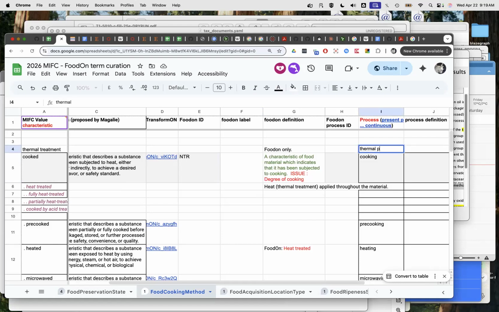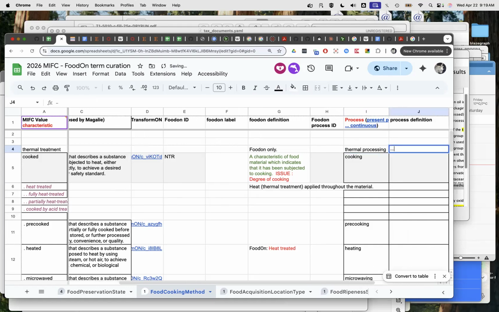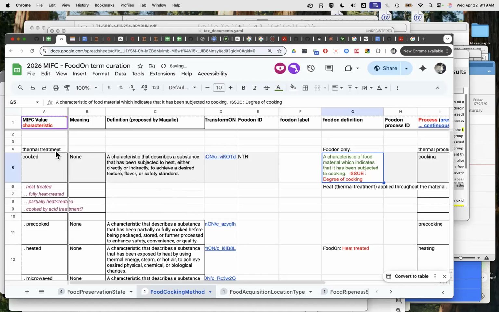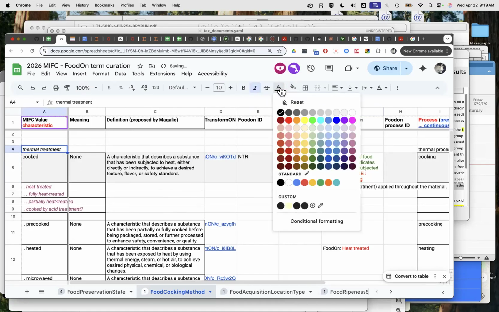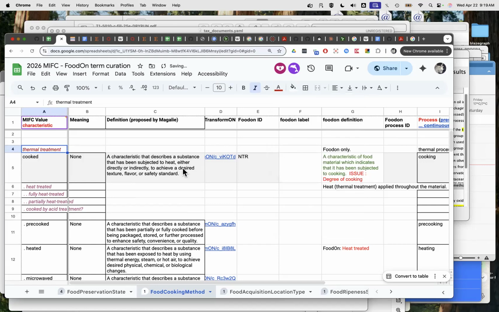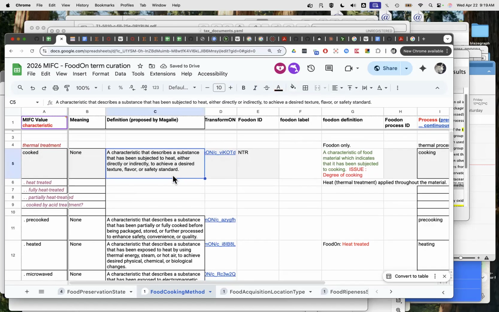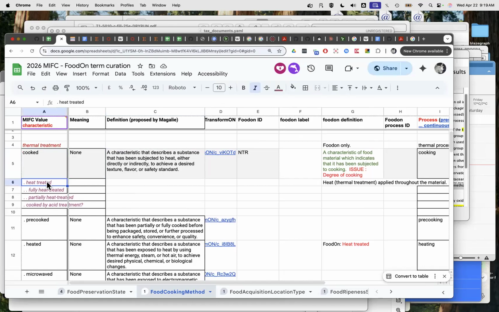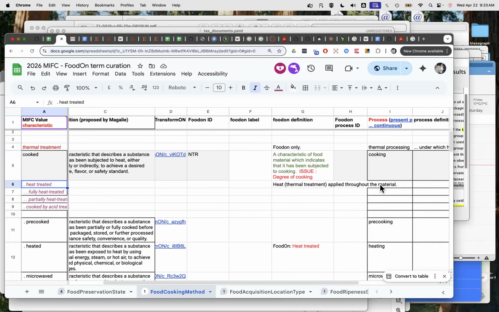under which, chill, go. Okay, so undercooked, heat treated, and then that'll lead to heat.